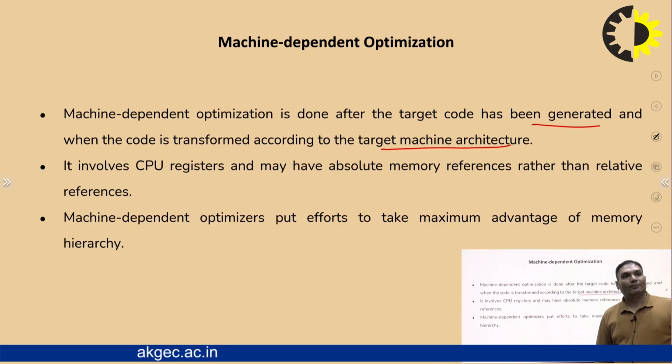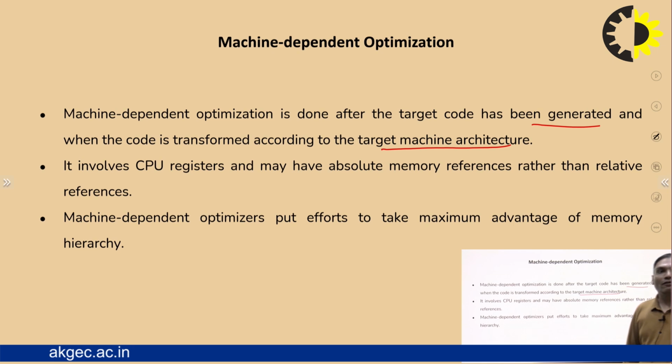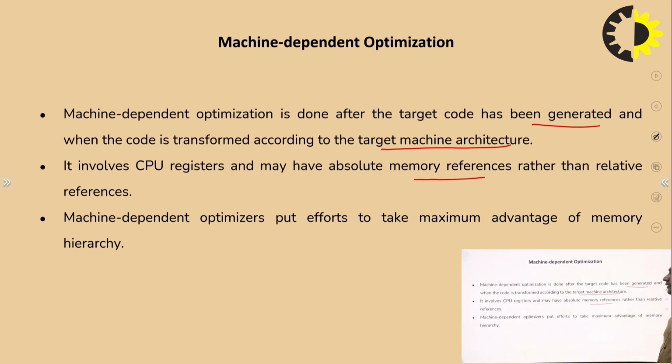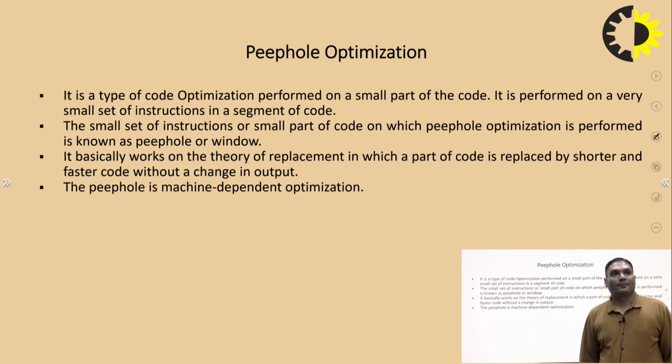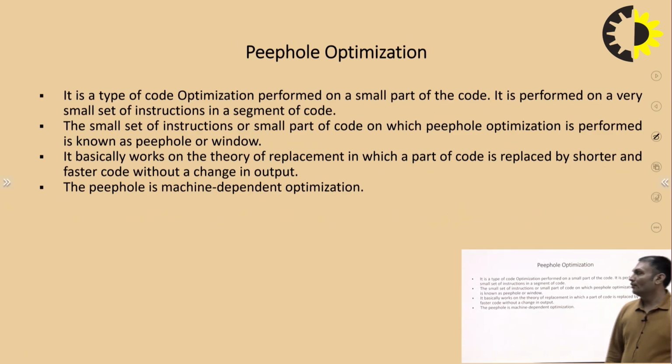It involves CPU registers and it may use absolute memory locations rather than relative references. Machine dependent optimizers put effort into taking maximum advantage of the memory hierarchy. This machine dependent optimization technique is also called peephole optimization.